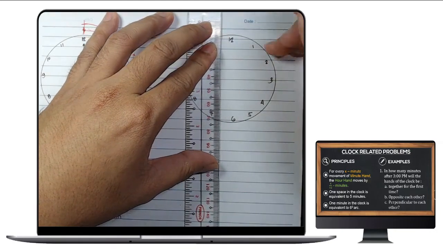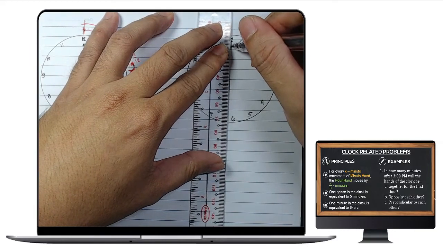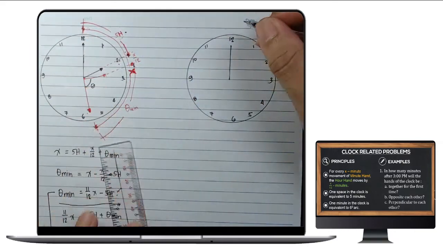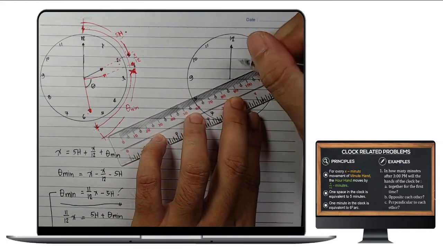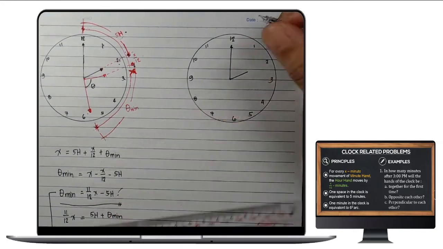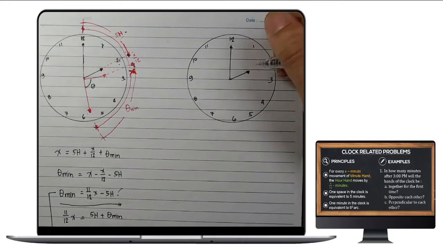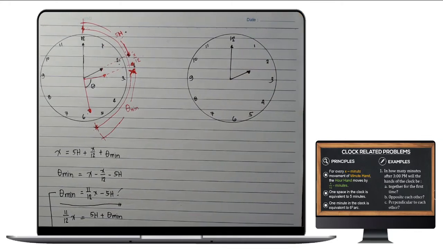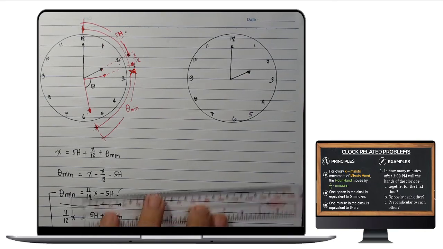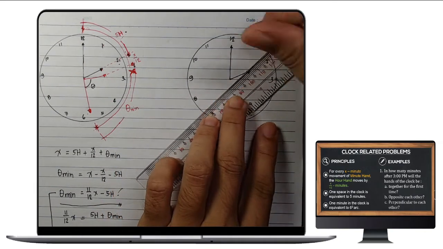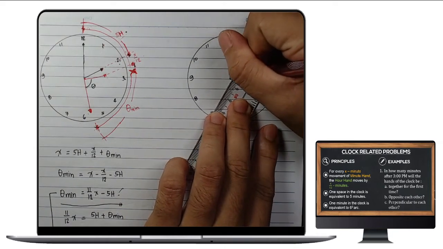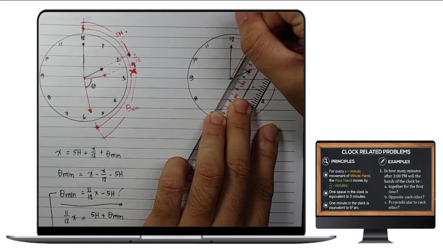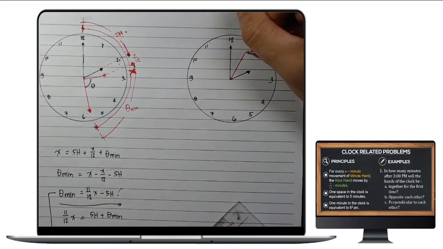Para lang again, malaki-laki ulit yung pagitan nilang dalawa. So here is your 2 o'clock mark. And again, after some time, gumalaw lang ng kaunti yung ating minute hand. Kaunti lang. Say, nandito pa siya.